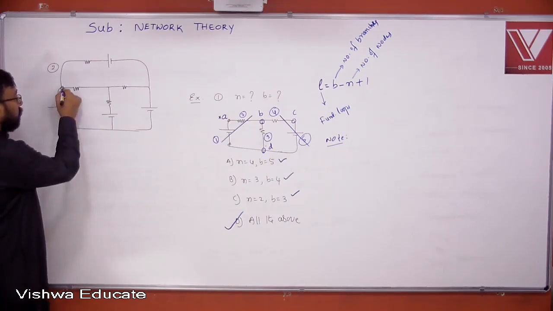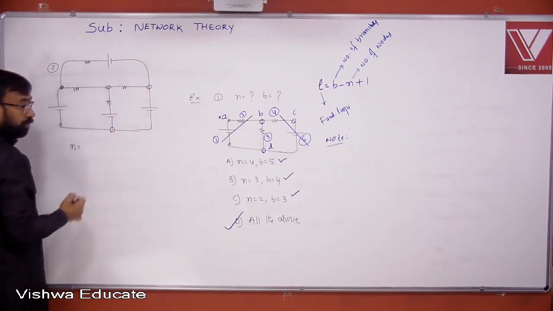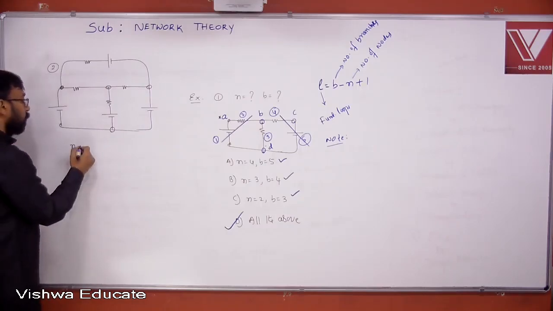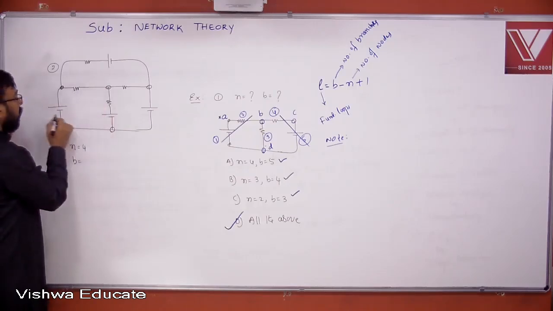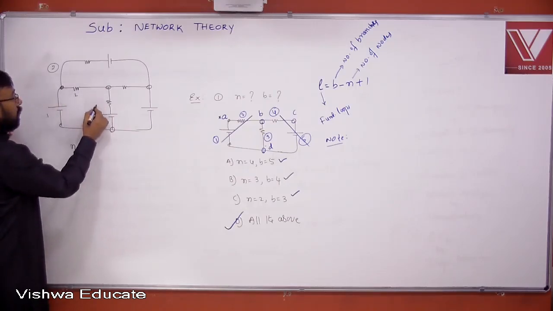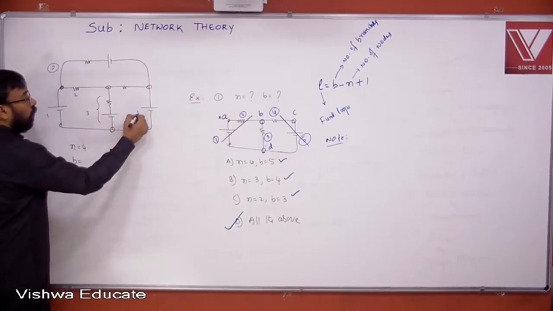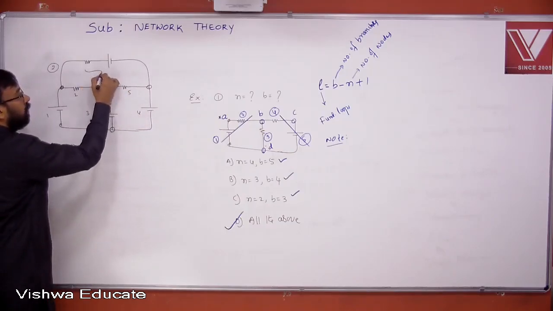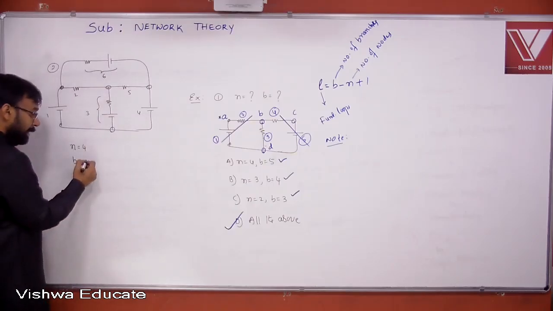N is equal to 1, 2, 3, 4. Yes or no? N is equal to 4. B is equal to 1, 2, 3, 4, 5, 6. Okay, you are getting 6.